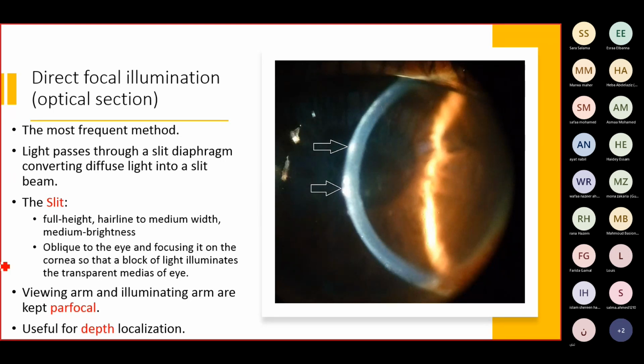So here the viewing arm and the illuminating arm are parafocal, and it's useful for evaluating the depth of the lesion. So for example, we can see here that this opacity is at the outer part of the cornea near the epithelium, etc. Okay. Any problems with the optical section?